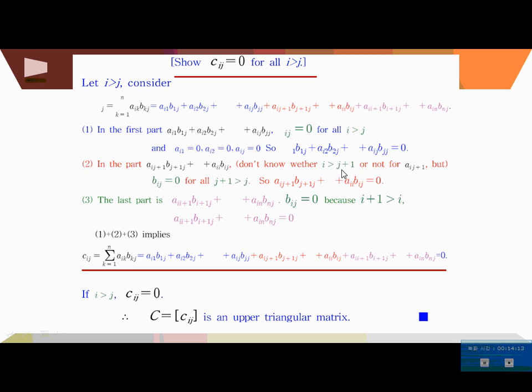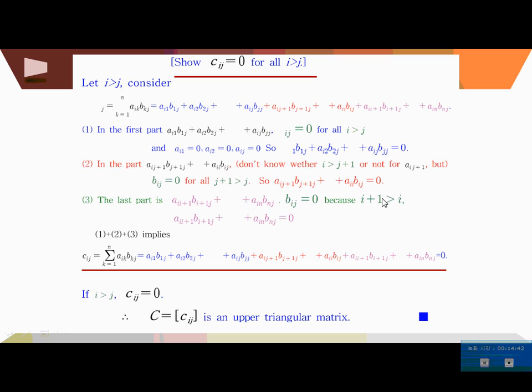For all j plus 1 bigger than i, we can check from the given conditions that one of the terms among these parts is zero.